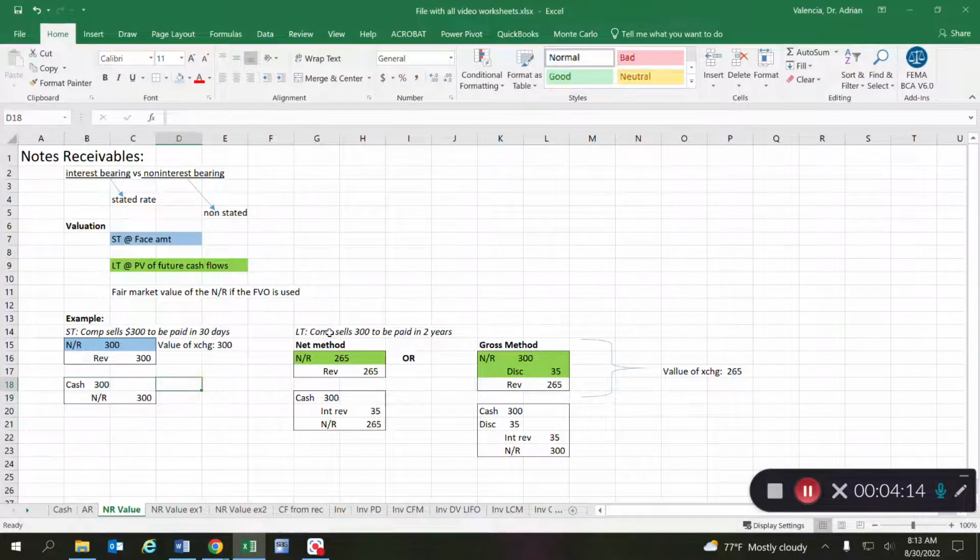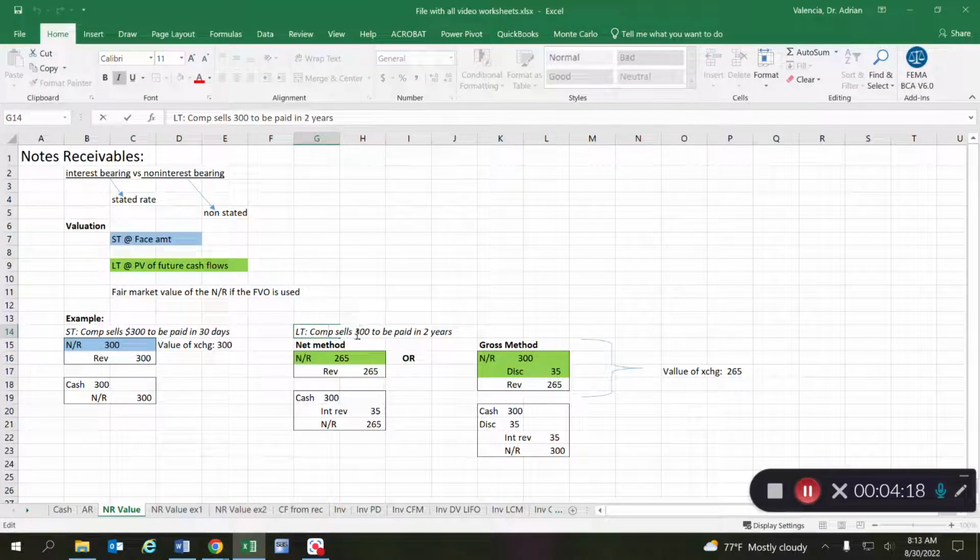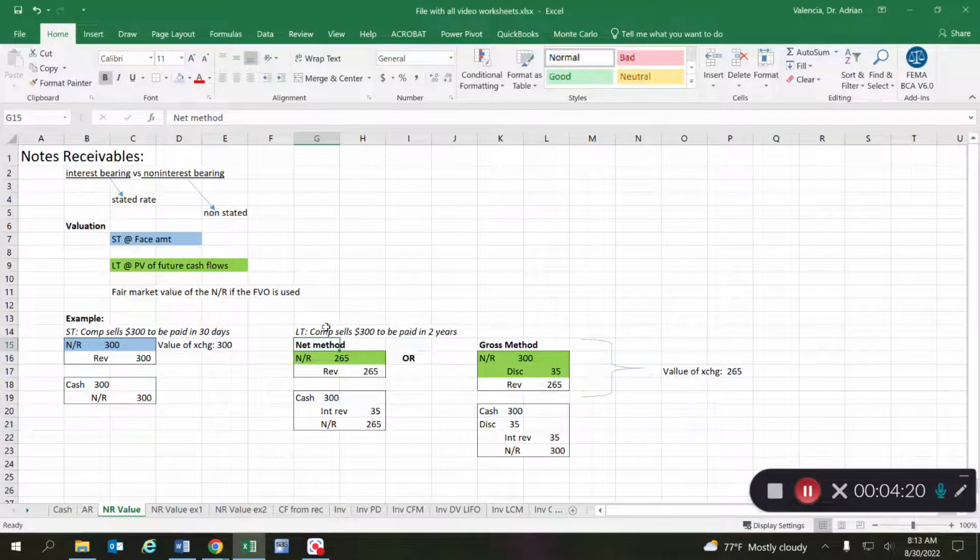But if on the other hand, the company sells that same service or product for $300 and it's to be paid in 2 years, then we have to consider the fact that there's interest involved. Whether that interest is stated or not stated, either way, we have to consider the interest component of that transaction.